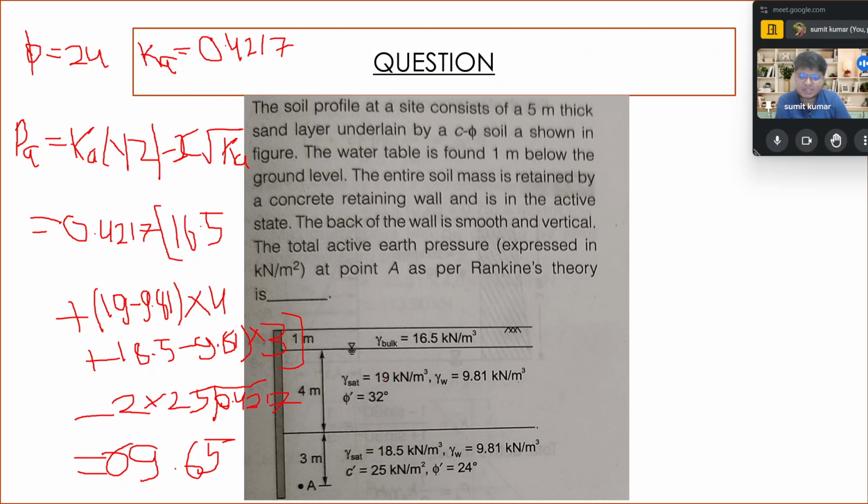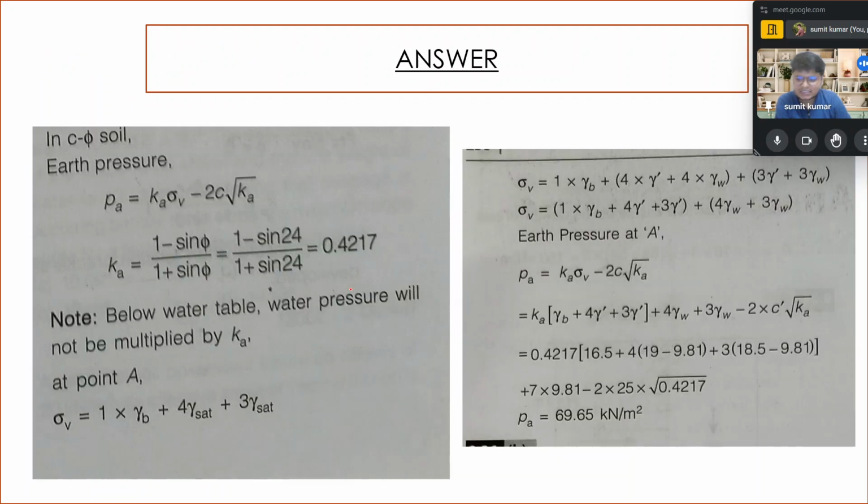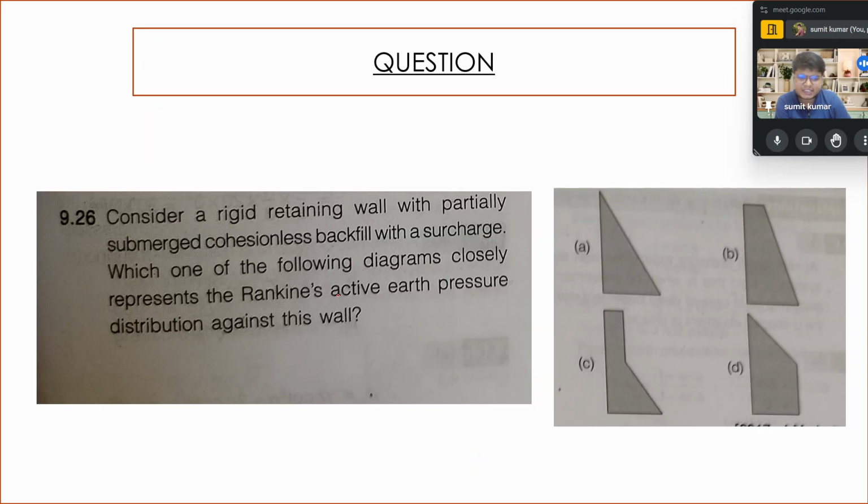Then K into gamma Z: for the gamma bulk it is 16.5 into 1, then 19 minus 9.81 into 4, then 18.5 minus 9.81 into 3, and then we subtract 2C root K, where C equals 25 and root K is again 0.4217. When we calculate this, we find the value of 69.65 kilonewton per meter square, which will be the active earth pressure acting at point A as asked in the problem. So I don't think I need to elaborate again over here.